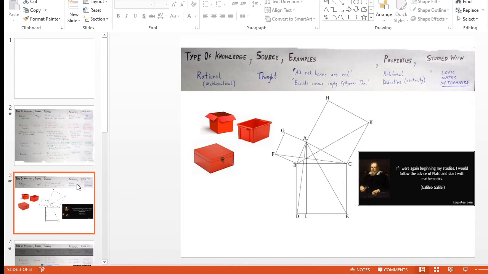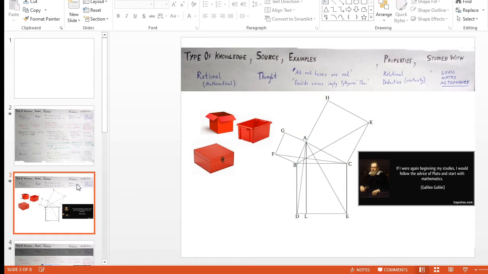which I will also call in this section mathematical knowledge. Well, philosophically, rational knowledge includes statements like all red boxes are red. This is a statement where we can be absolutely certain that the conclusion is true, because this can be completely studied using logic, or we could also say using mathematics.